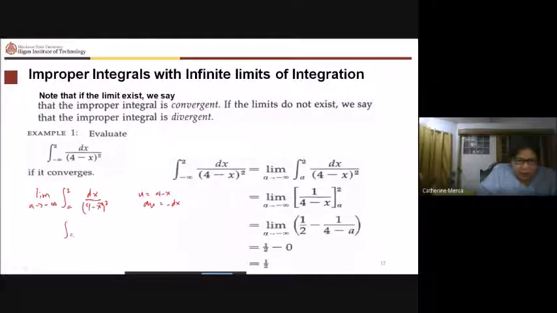Rewrite it as the integral from a to 2 of (4 minus x) to the negative 2 dx.